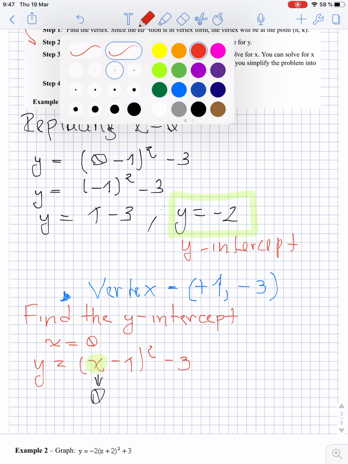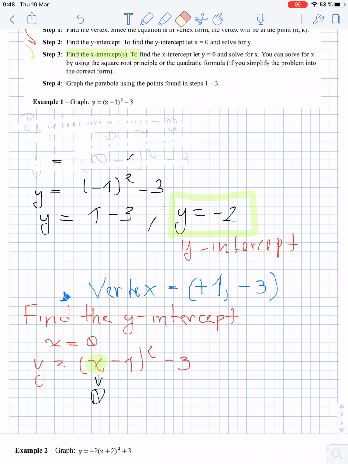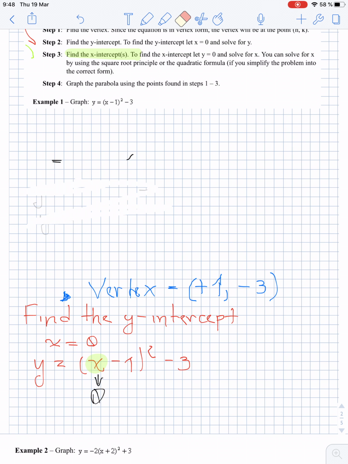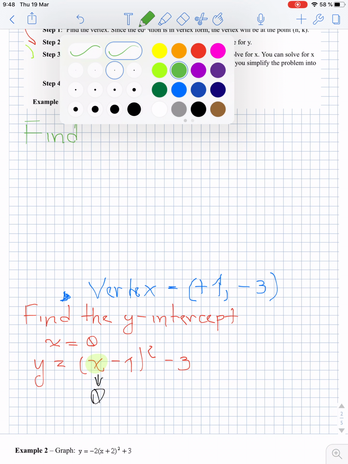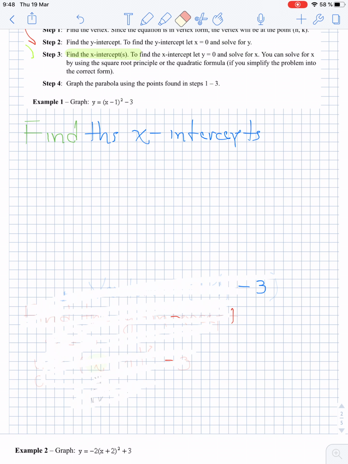Now we need to find the x-intercepts, that means the values where the graph is touching the x-axis. To find the x-intercepts, we are going to make y equal to 0.